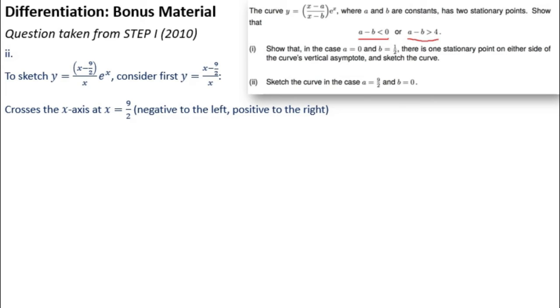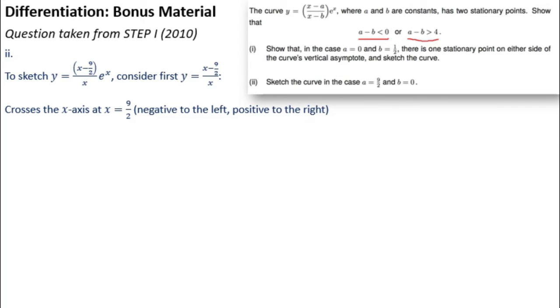So we'll start by looking at where it crosses the x-axis by setting y equal to 0. That means the numerator will be 0, so we get x minus 4.5 is equal to 0. And I've also made a note that to the left of that point, it's going to be negative. It'll be below the x-axis, and to the right, it'll be positive above the x-axis. You can see that just by thinking about values of x that are not equal to 9 over 2, but perhaps just slightly lower.